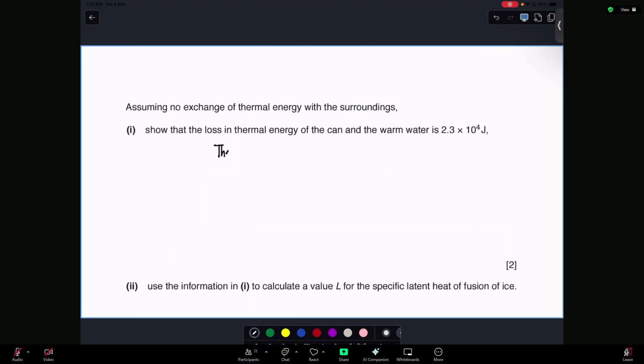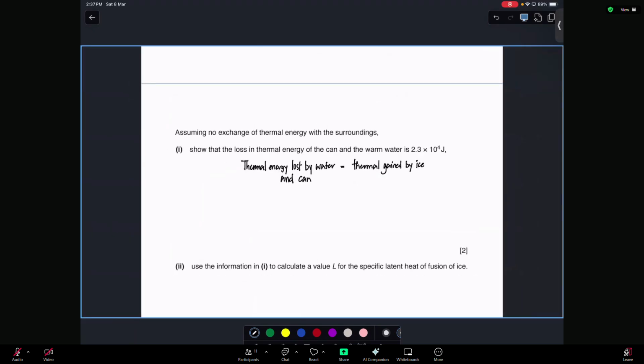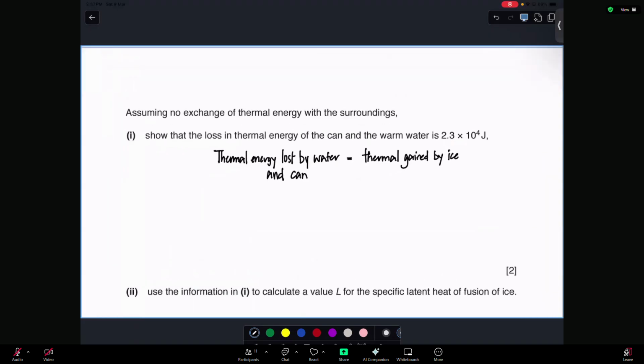Thermal energy lost by what? By water and can must be equal to what? Thermal energy gained by what? Ice, right? Thermal energy gained by ice. Right. So what's the thermal energy gained by ice?